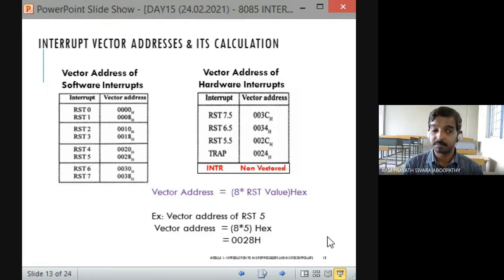By this means only it can tell the address. So in the INTR interrupt, how do we get the vector address? The interrupting device should give the call instruction. Is it clear? Now I want to ask you one question. Is there any instruction we call a 1 byte call instruction?